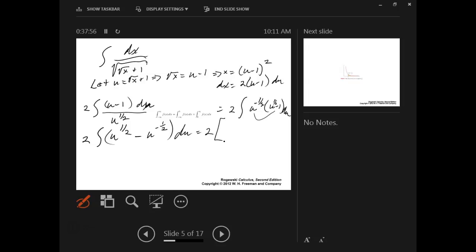First integration. u to the 3/2 times 2/3 minus u to the 1/2 times 2, plus c, right?